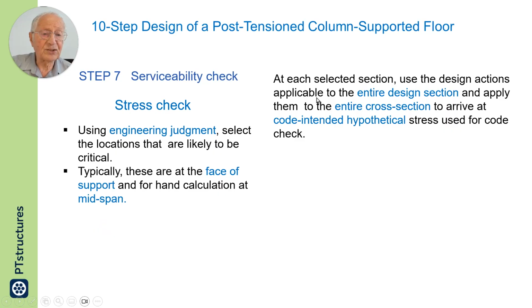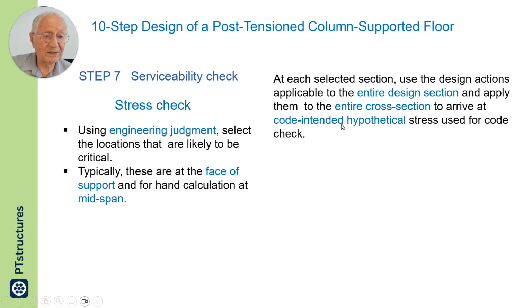And at each selected location, we use the design actions applicable to the entire design section. That means the entire cross-section, and apply them to the entire cross-section of the design strip to arrive at code intended hypothetical stress for code compliance.